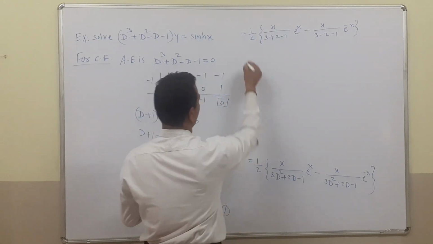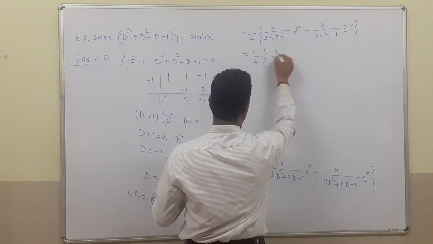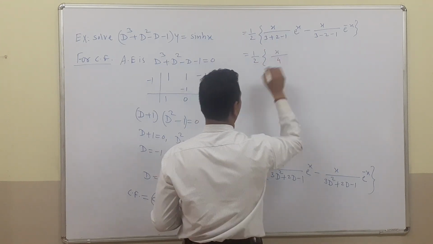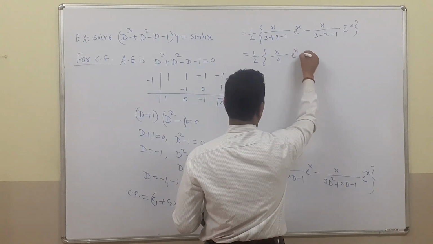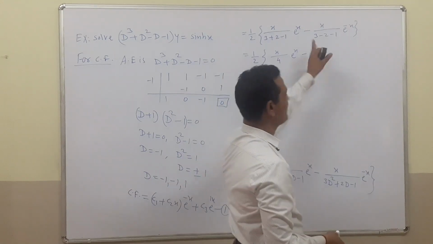So simplify this, 1 upon 2, then this is x upon, this is 5, that means this is 4 e raised to x minus, again if we check the value of denominator of this term, denominator is again 0.